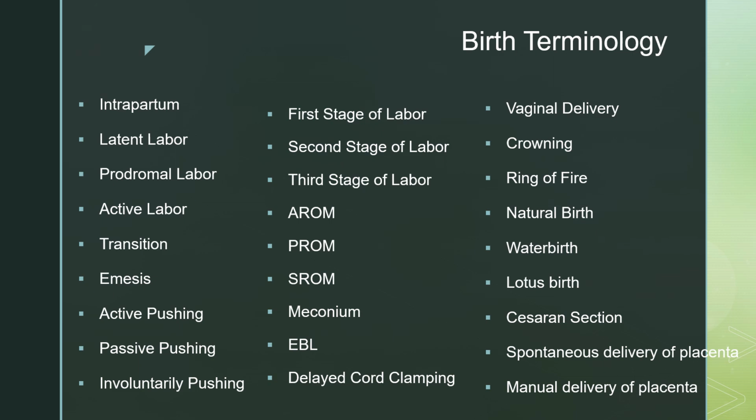Spontaneous delivery of the placenta means that after the baby was born, the placenta naturally separated from the uterine wall on its own. Manual delivery of the placenta is when the midwife or the care provider has to go in and help separate the placenta.